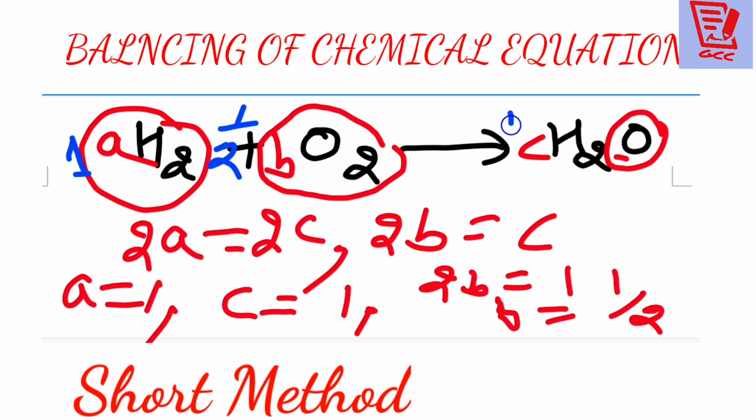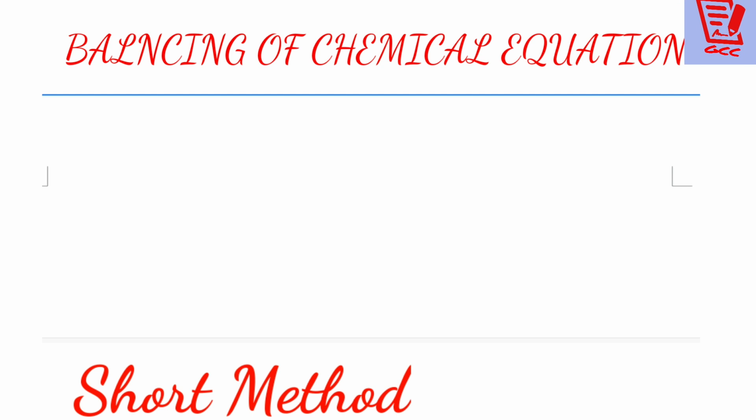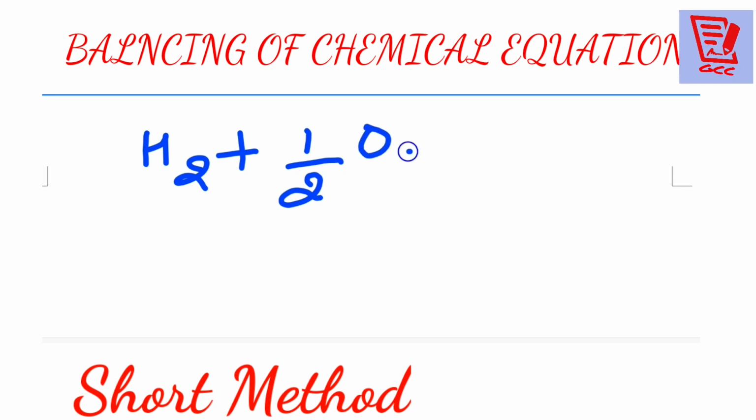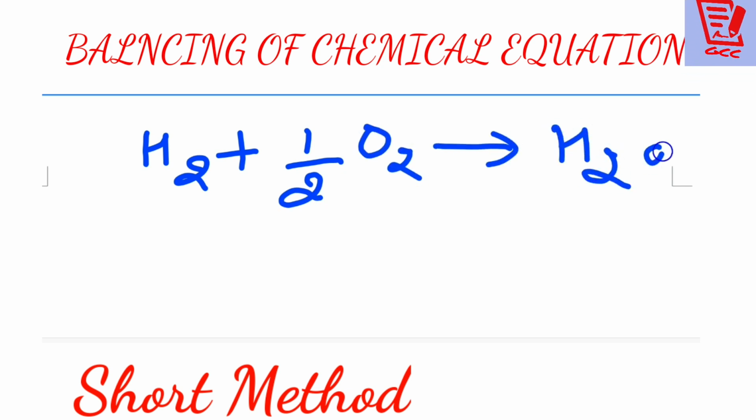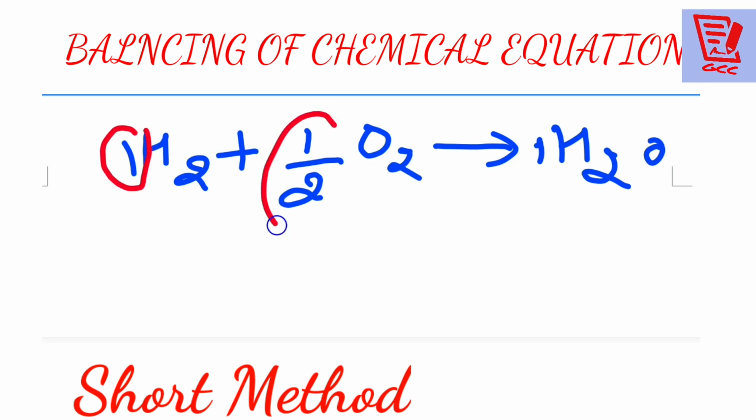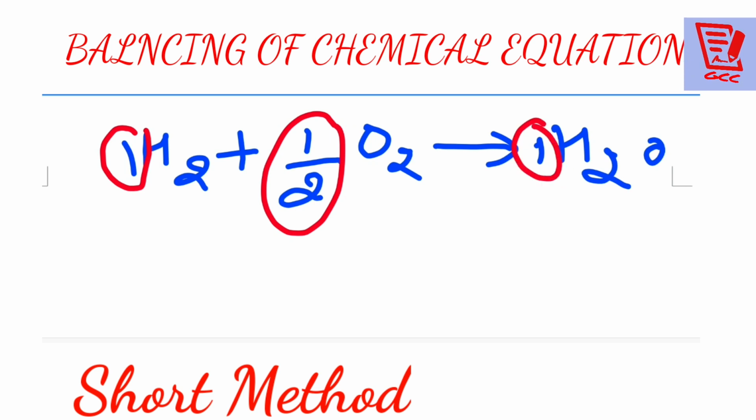Okay, now I will write it properly once again. What I have written there, H2 plus half O2 arrow H2O. Yes or no? Here it is 1 and here also it is 1. Now you can see, all of you, A is 1, B is half, C is 1. Now you can multiply with 2.